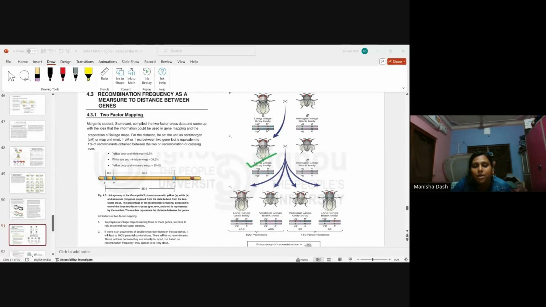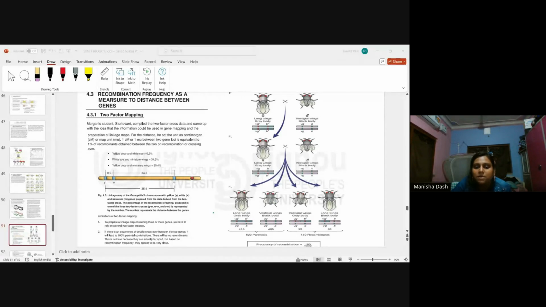Now, when you cross it with a homozygous recessive parent, this can produce 4 different types of gametes. If no recombination occurs, simply this chromosome will move here. So there is no recombination. But if recombination occurs, that means an exchange of parts will take place.